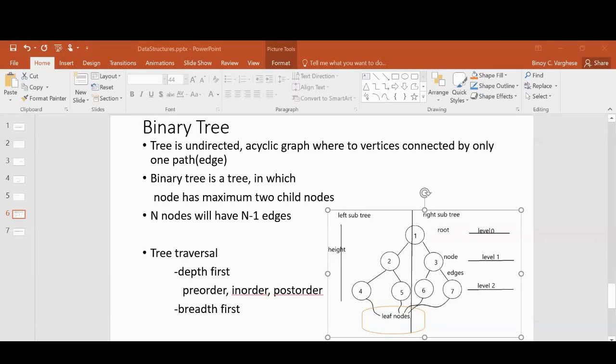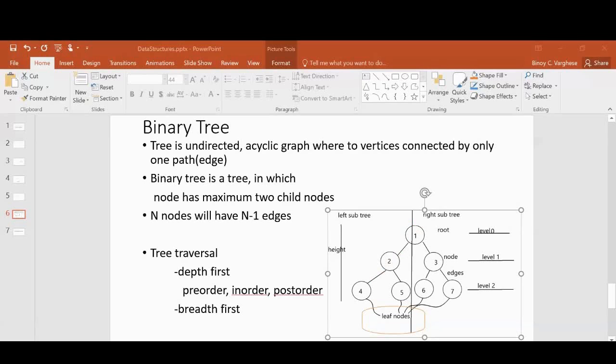Depth first means it will start from the node, then it will go deeper. In a linked list too, we traverse by iterating through the nodes and finding each element. Similarly, in order to visit each node, there can be different traversals.